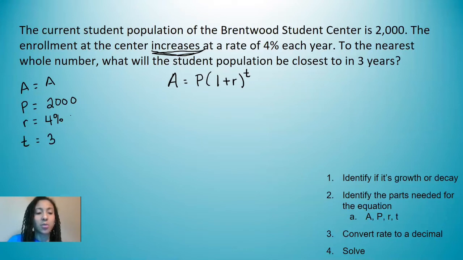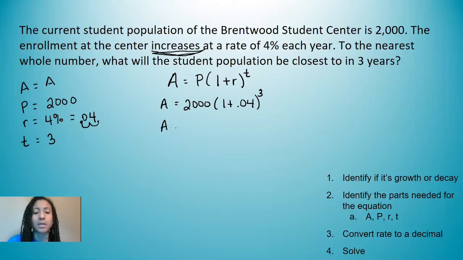So once again, we need to change 4% to a decimal. Right now the decimal is here, so we have to move it 2 places to the left, and we have to make a filler. So we have A is equal to 2,000 times 1 plus 0.04 to the 3.